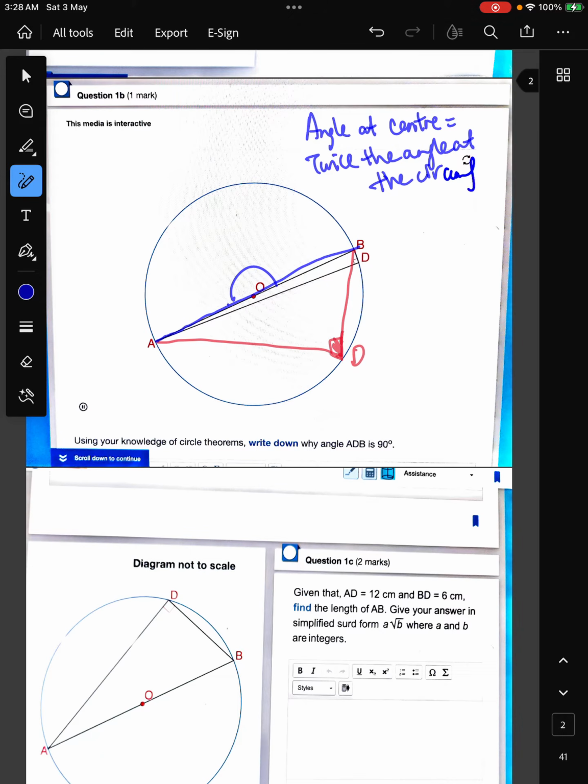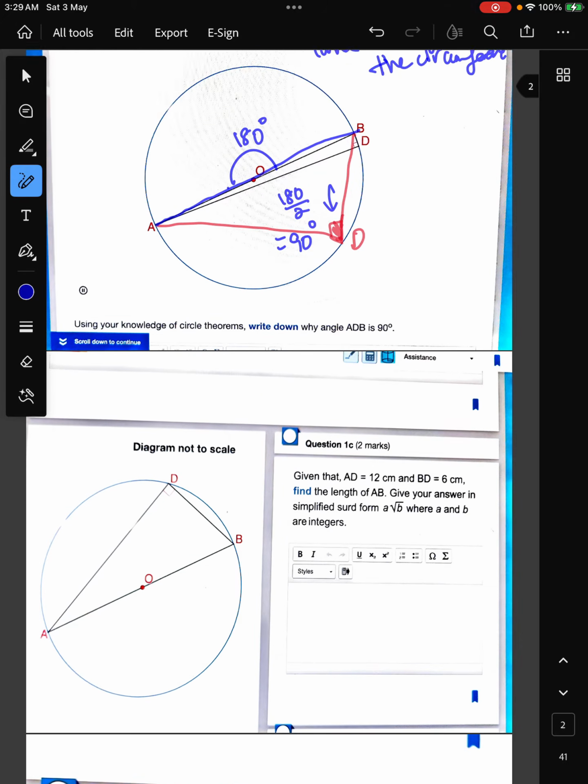Since this angle is basically 180 degrees, then we know that this angle, which is at the circumference, has to be 180 divided by 2, which gives me 90 degrees. Okay, so there we go. We just proved why angle ADB is actually 90 degrees. So that would be question 1b. I think 1 mark, that's generally quite easy as well.